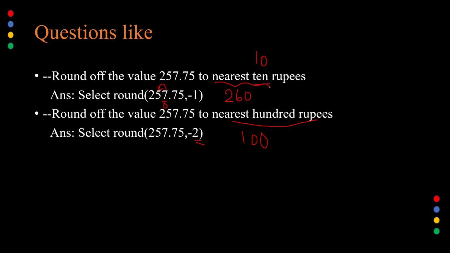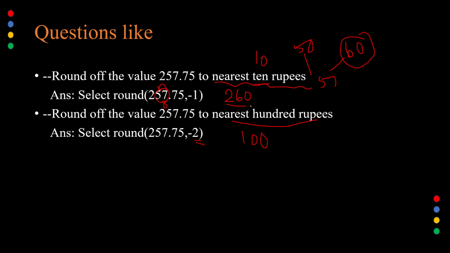We have to convert this decimal value to the nearest 10th position. So for 57, we consider two digits. Nearest 10th means 57 is between 50 and 60, so the nearest 10th value of 57 is 60. So the answer would be 260. This is how it goes.